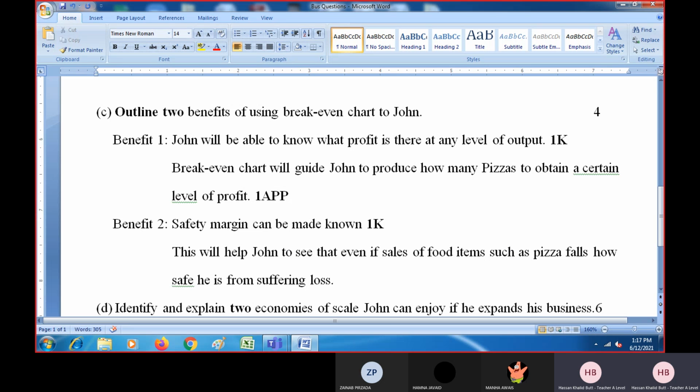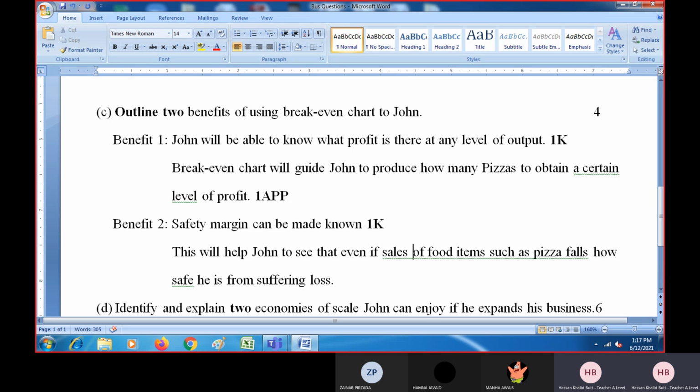Because this is analysis, this is development of your point, and that is not required in this question, right? I repeat, we do not need to tell how safety margin helps John to know whether even if sales is falling, he is safe from the loss or not, right? We do not need to mention that, because this is development of your point, and you will get marks for analysis. But in this question, there are no marks for analysis.